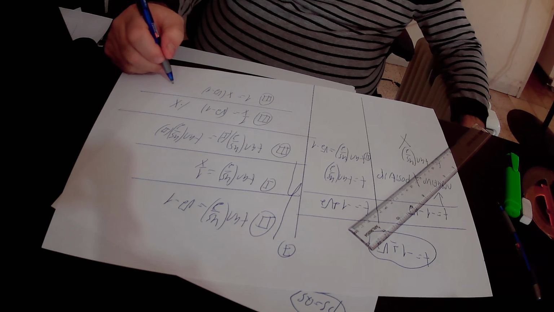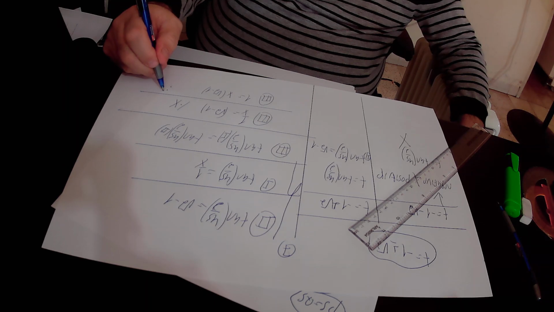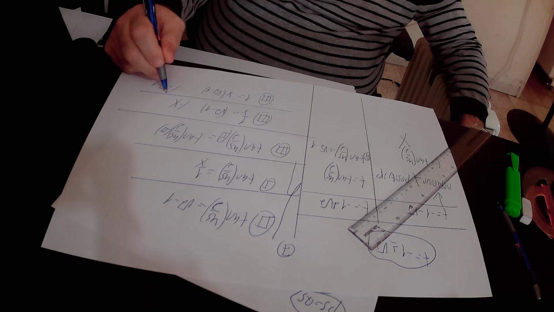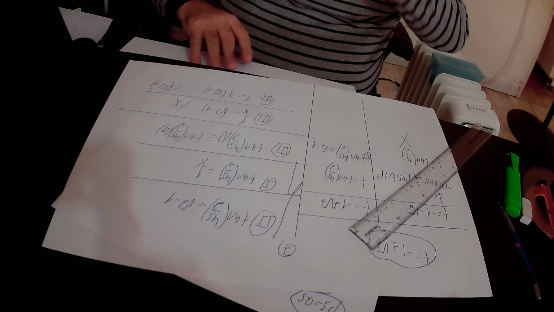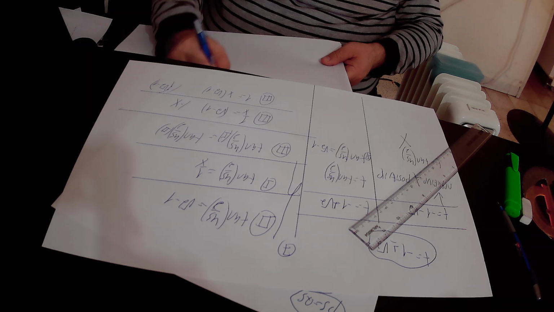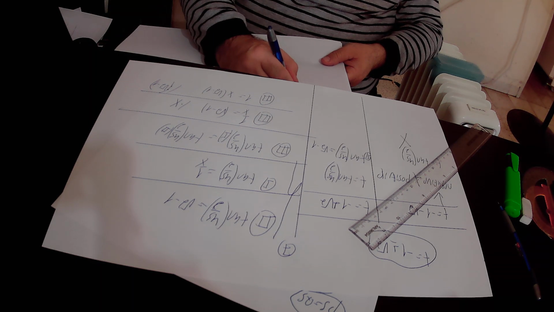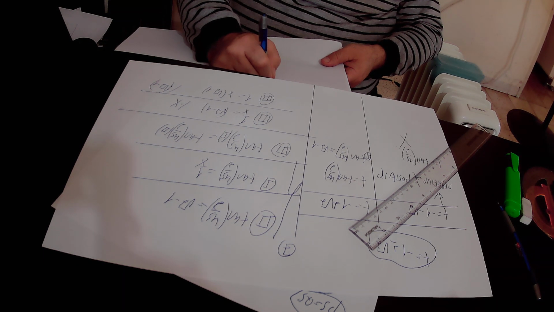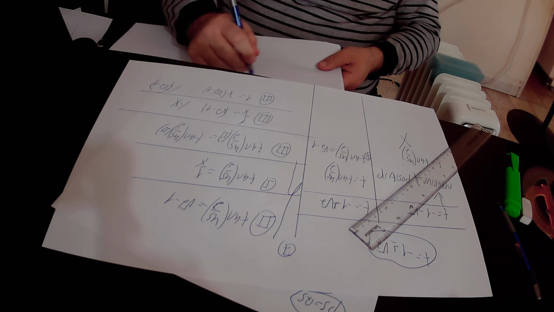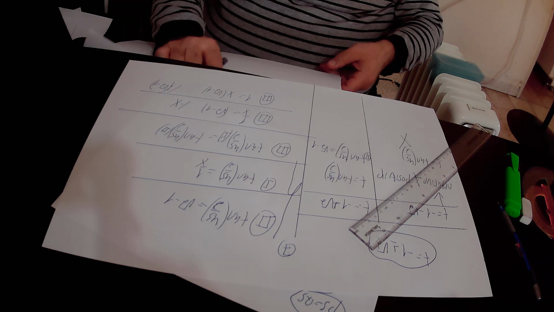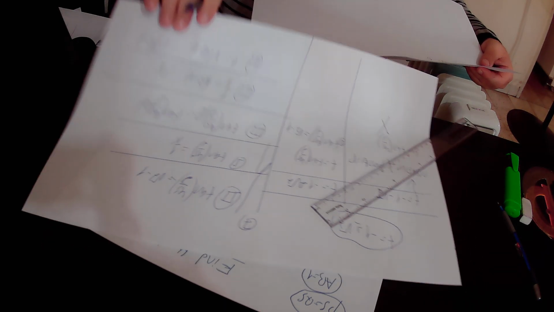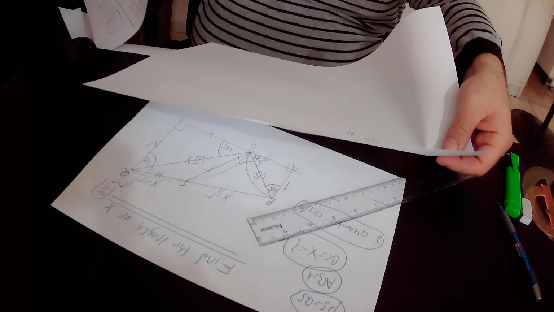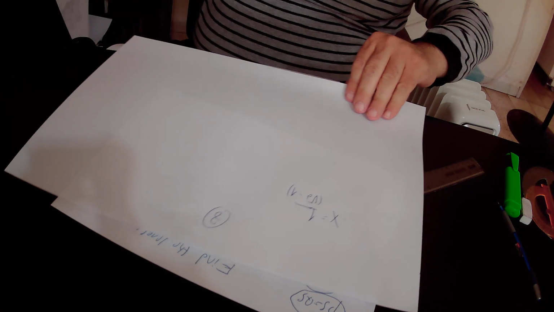Here we divide equation number 3 by square root of 2 minus 1, and we get that x equals 1 over square root of 2 minus 1. Repeat again. We actually found out that x equals 1 over square root of 2 minus 1.